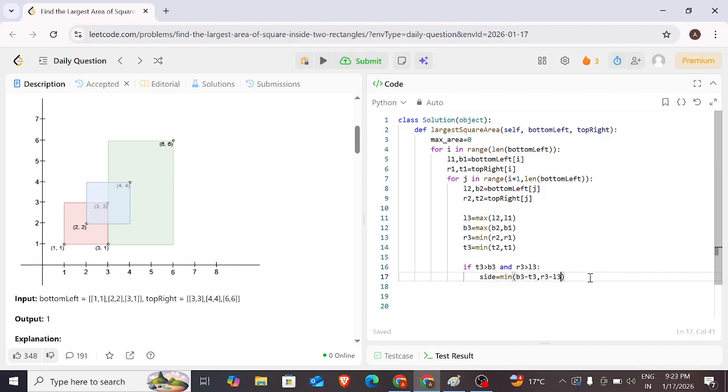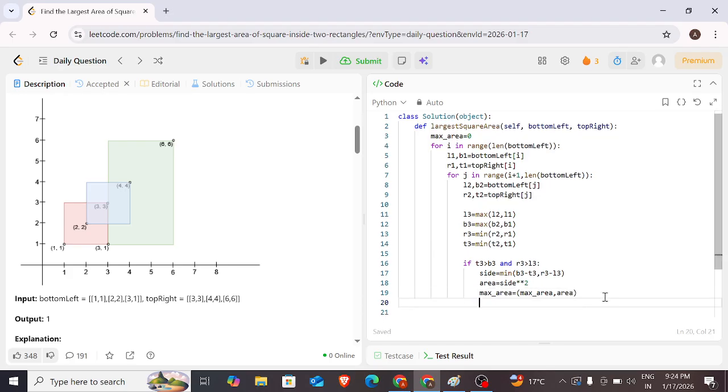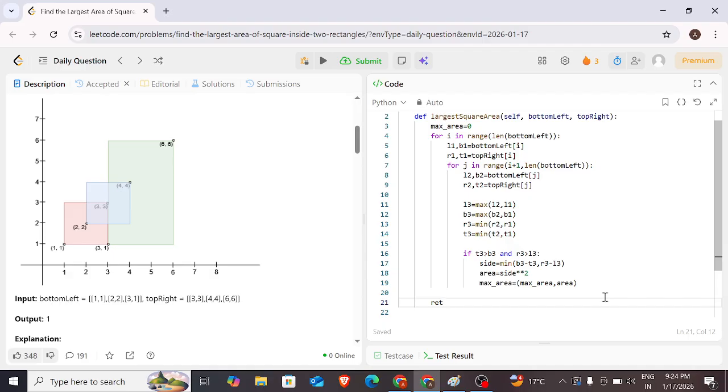So we're trying to find the minimum of these, and area is equal to side squared. Now we do max area is equal to max of max area comma area, right? So that is that, I guess, and once we're done with this, we can just return max area.